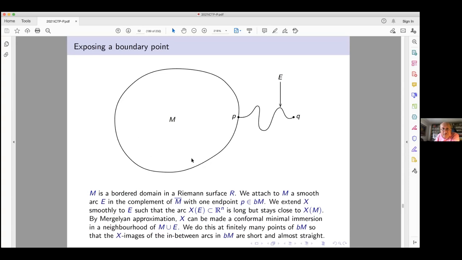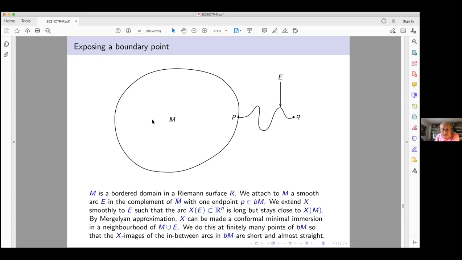Okay, so imagine that M, which is my Riemann surface, actually it's a bordered Riemann surface, so it is a domain in a bigger Riemann surface. And in this bigger Riemann surface, which is just this plane, I am attaching at some boundary point P an arc ending somewhere else. So this arc is contained in the complement of M except for being attached nicely here.